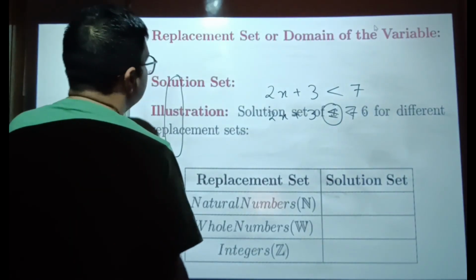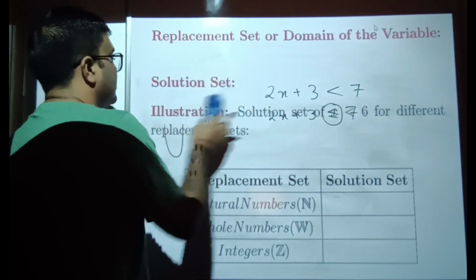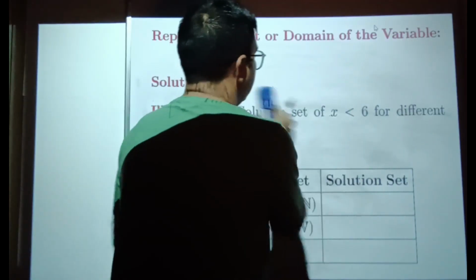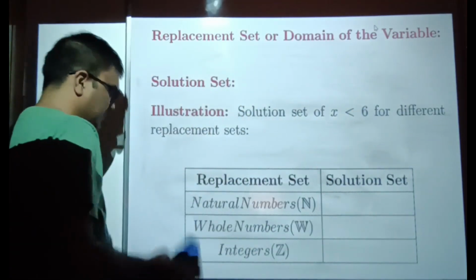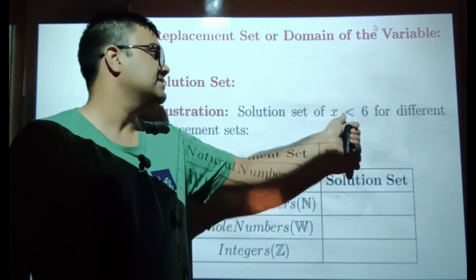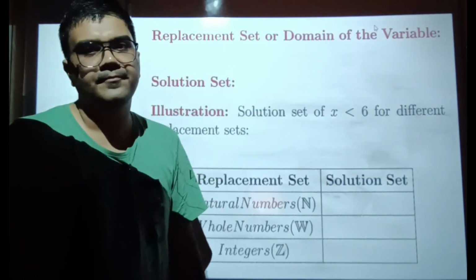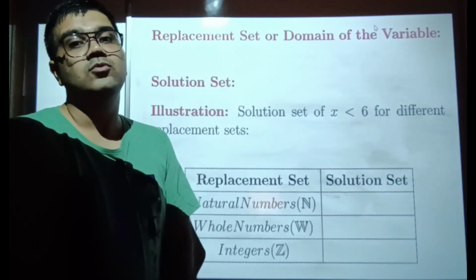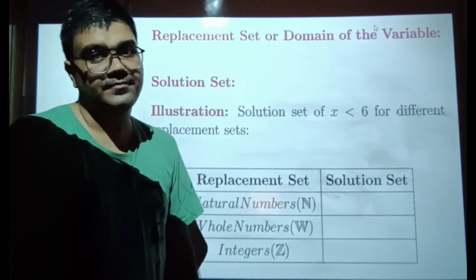Next we have the terms replacement set, or the domain of the variable, and the solution set. Whenever we are talking about an inequality, suppose I am talking about the inequality x < 6, we are talking about certain values of x.